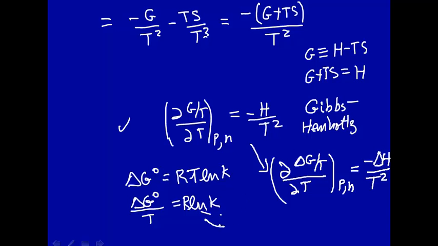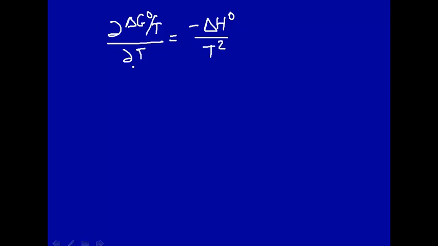Now let's go to the next page and put in delta G0, which means this delta H will be delta H0. So how delta G0 over T varies with temperature is equal to minus delta H0 over T squared. We know that delta G0 over T is equal to minus R times the natural log of K. We just said that; I'll rewrite it here.